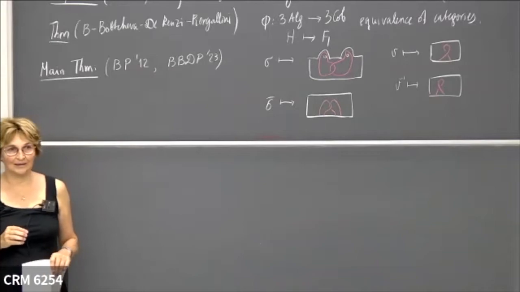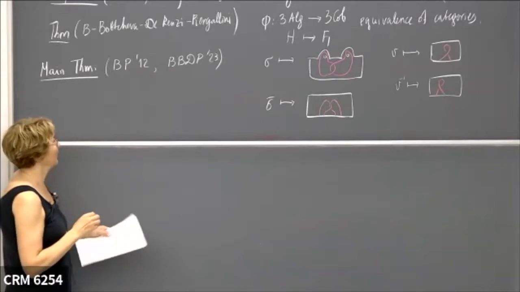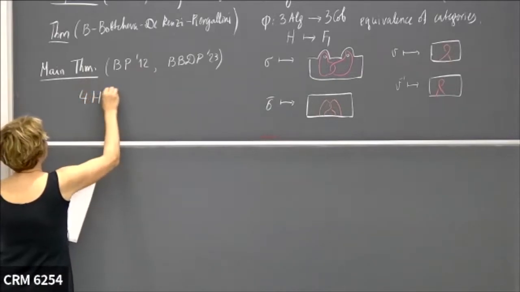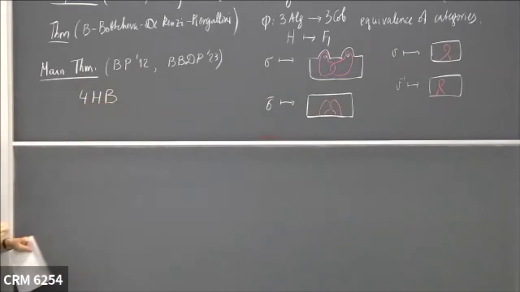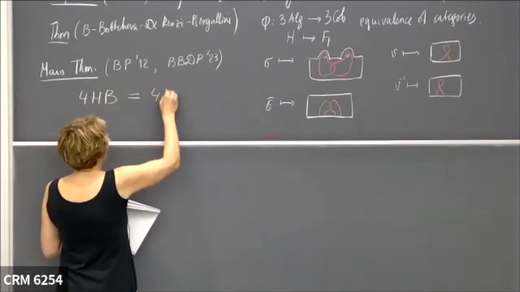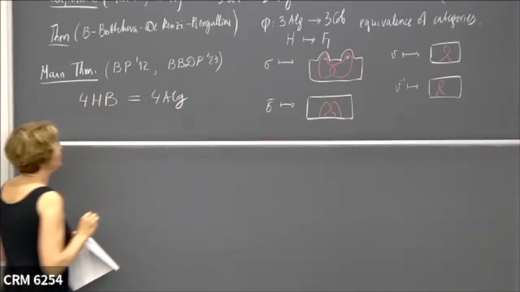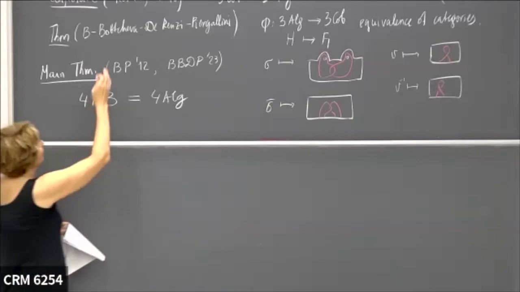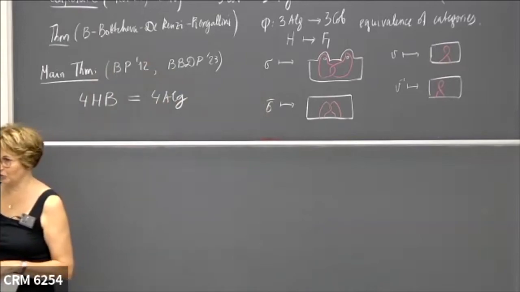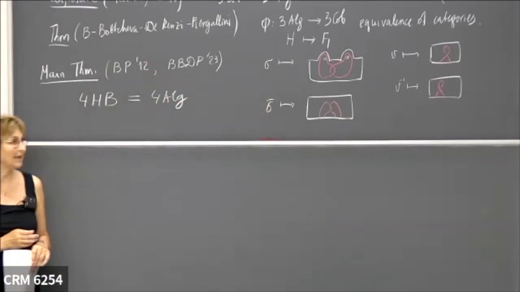Let me first tell you what the theorem is. There is a cobordism category in dimension 4, which I'll call 4HB, of so-called 4-dimensional two-handlebodies. I claim that there is an algebraic presentation of this category, which is also a braided monoidal category, generated by the so-called Bobtcheva-Piergallini algebras.